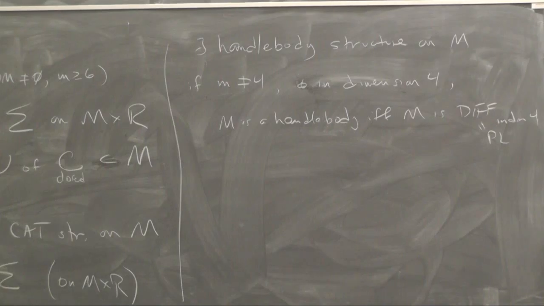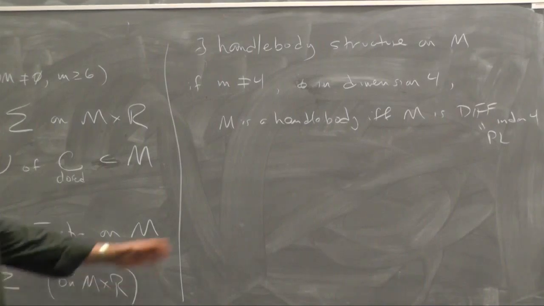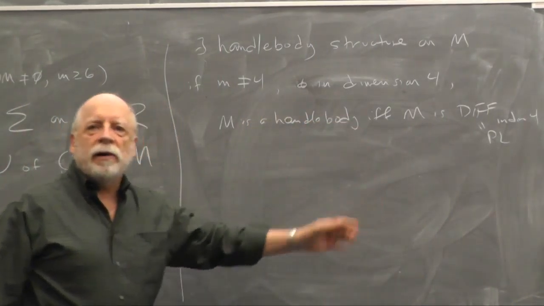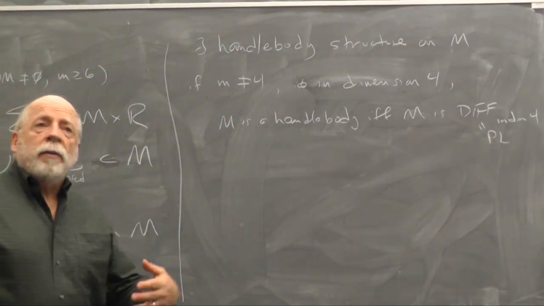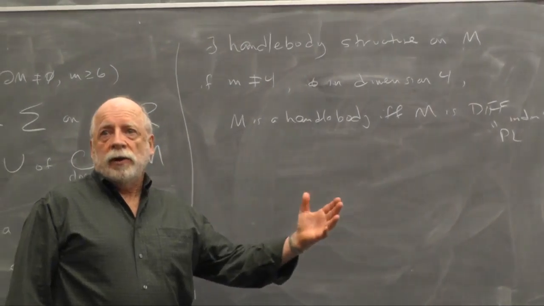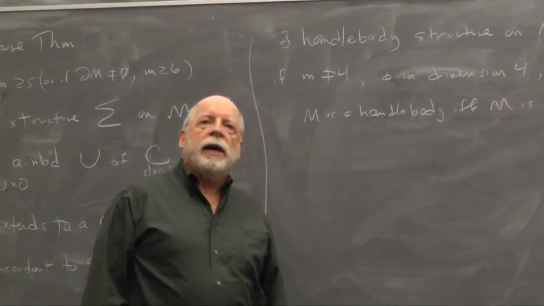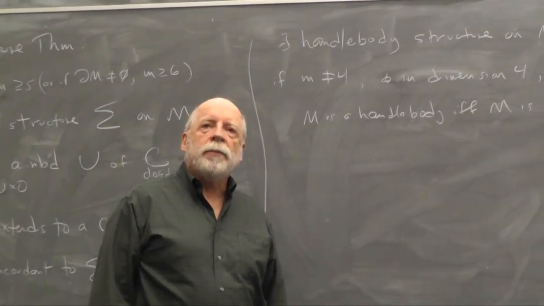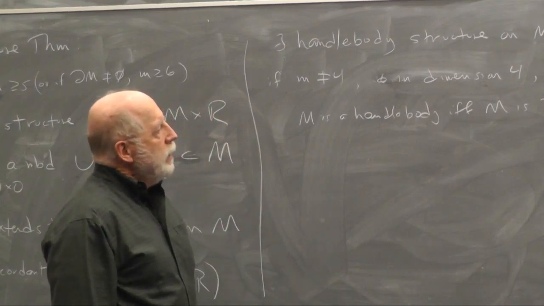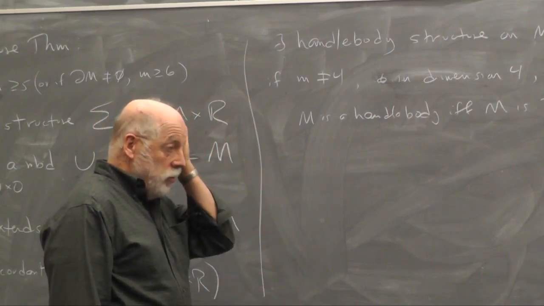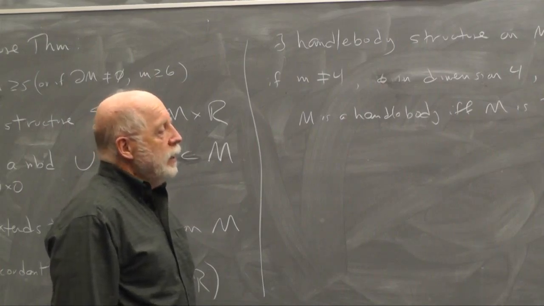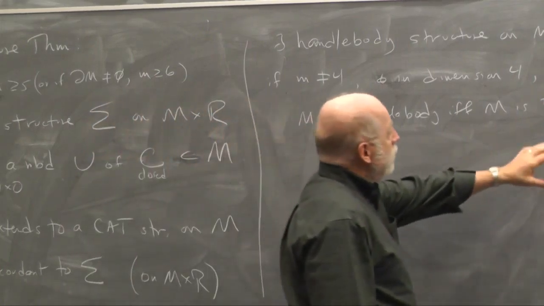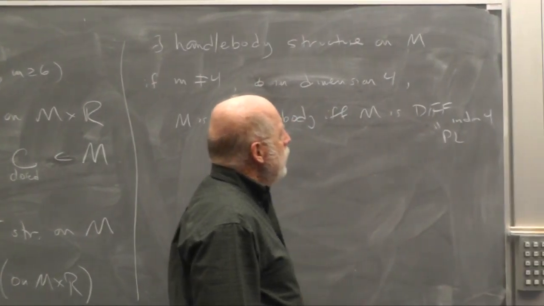So let me actually get dimension 4 out of the way first. It's a different argument. So in dimension 4, it's known that if a manifold has a PL structure, it has a smooth structure. And there's not much difference between the two categories in dimension 4. That uses old work of Cerf, and anyway, it's a complicated argument, but this is true.